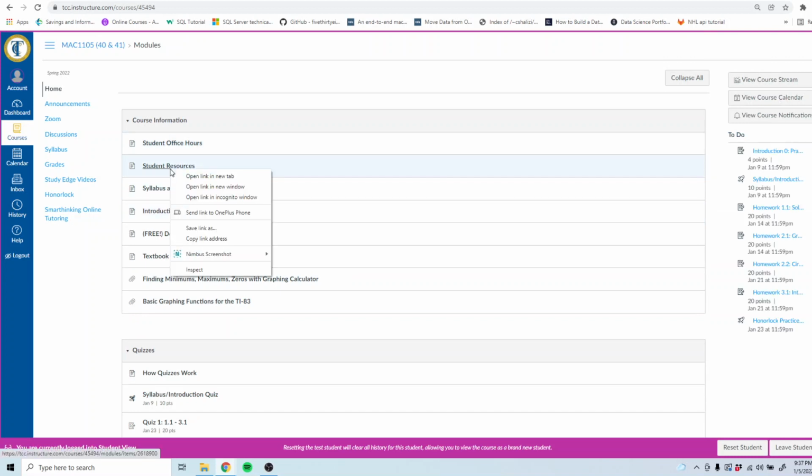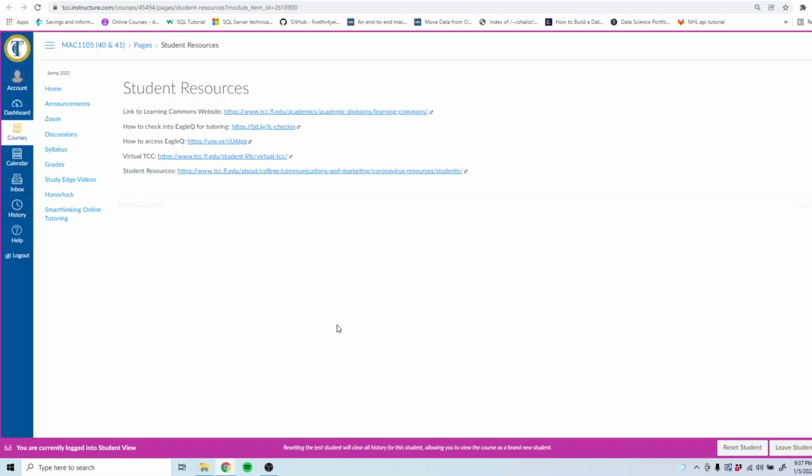All right, so the student resources tab, I won't click on these links because you can see what they are, but it's basically exactly as it's described. So a link to the Learning Commons, which if you're not familiar with, is the free tutoring service from TCC. If you don't want to go to Learning Commons in person, you can view both of these links.